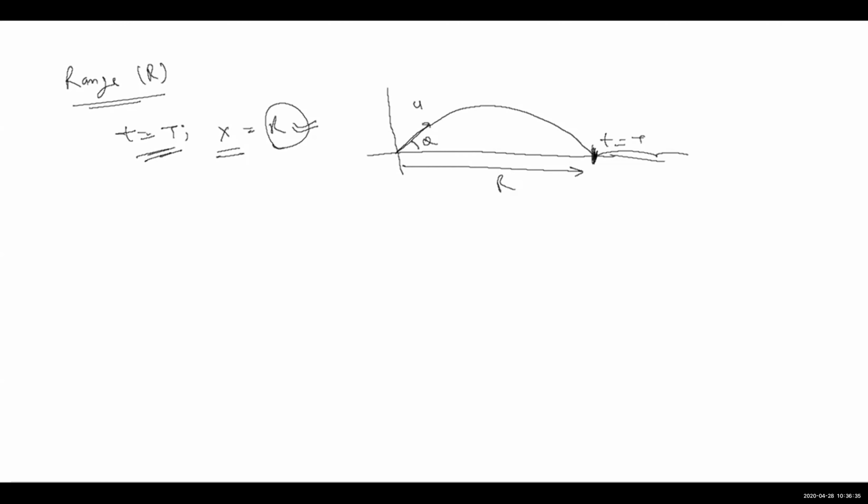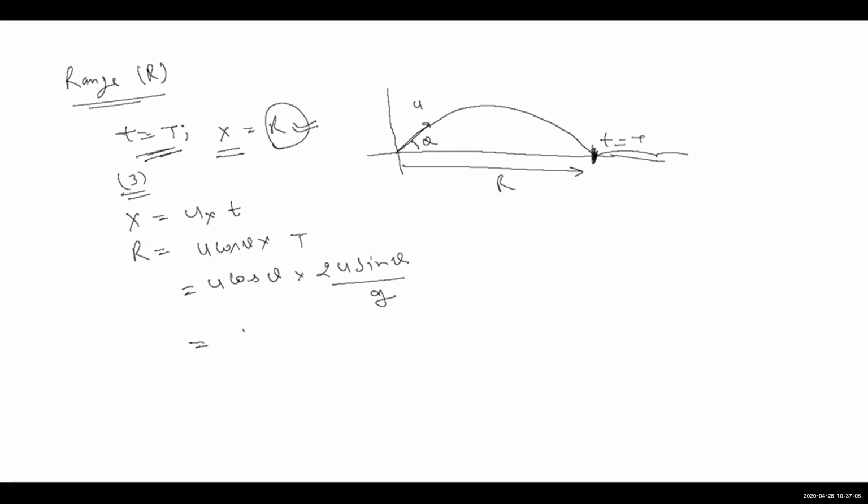Now tell me which equation? The third one. Say x equals ux into t. In this equation, we put the values. R will become u cos theta multiplied with t, which will be u cos theta into the value of t, which was 2u sin theta by g.